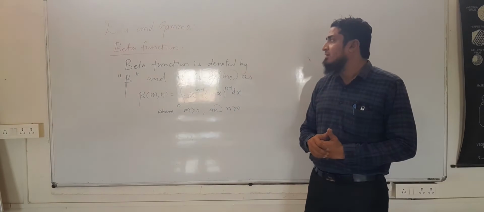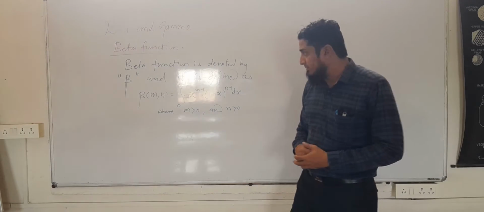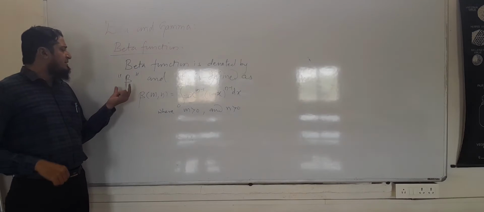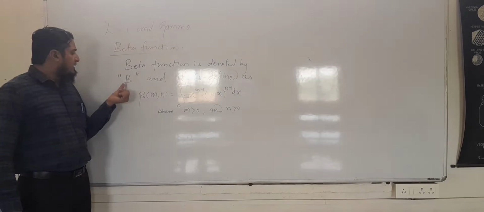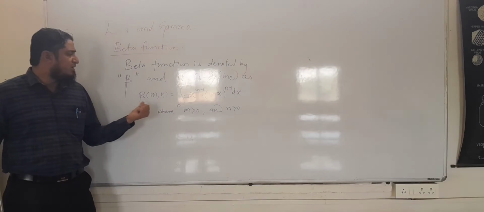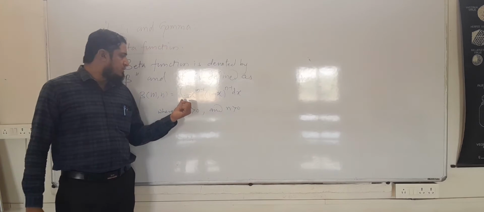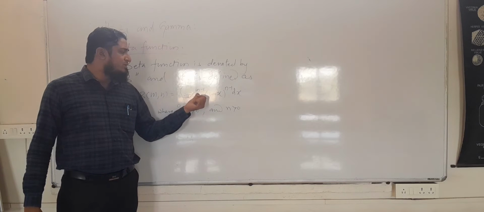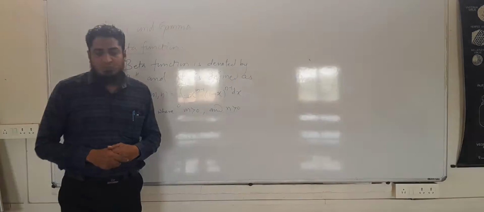It is the main application of beta and gamma function. We have defined that beta is denoted by the symbol beta having a long tail, and it is defined by beta of m, n, where m and n are positive, integration from 0 to 1 x raised to m minus 1 into 1 minus x raised to n minus 1.